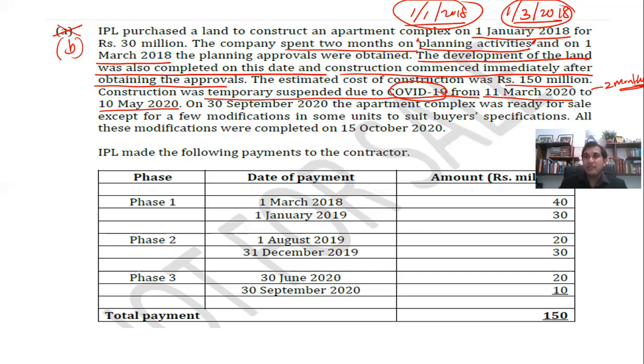But another person can argue that no, the total duration of the project will exceed because of this suspension. Then you can give a judgment that we suspend capitalization for these 2 months and charge that interest to the P&L rather than capitalizing into the building.